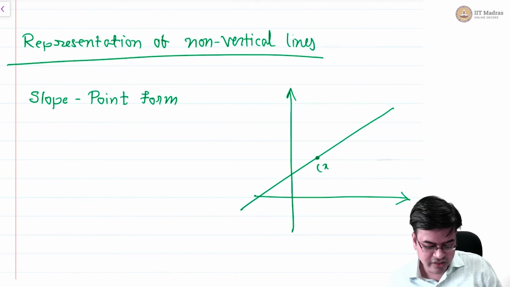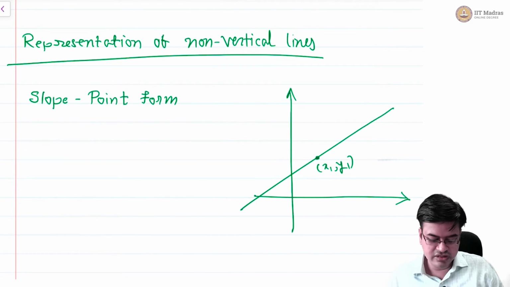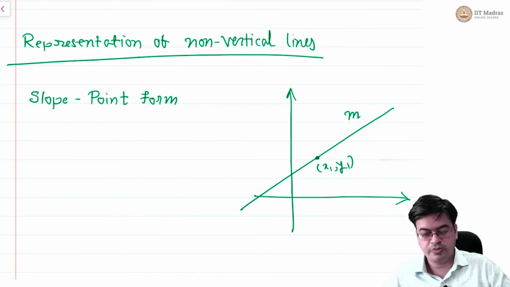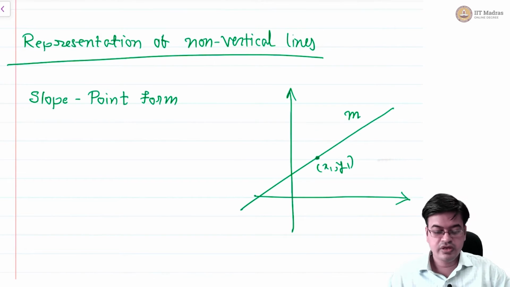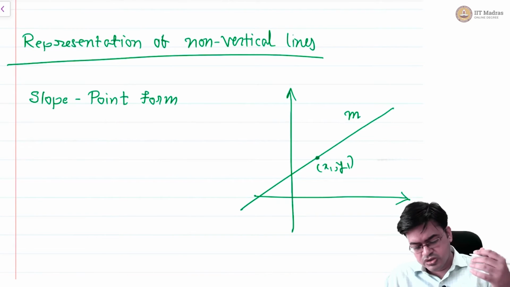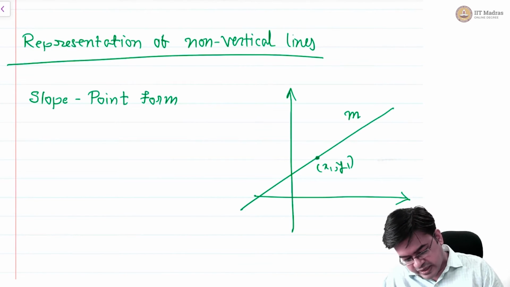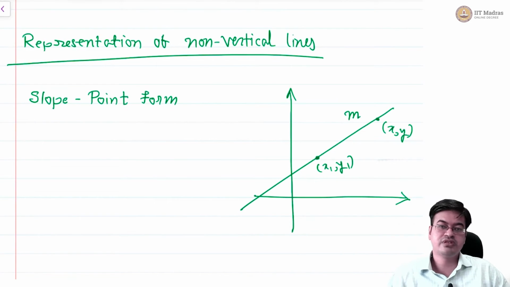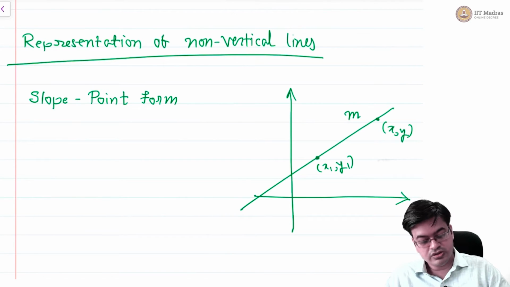Let us say point x1, y1 lies on this line and this line has a slope m. How will you characterize this particular line? In particular, you can take any point of the form x comma y on this line. You know the slope of the line, so simply use the formula for slope of the line.